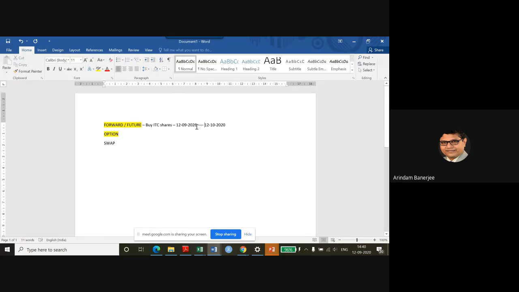But if there is a time lag, a gap between entering into a contract and the date of execution of the contract, these types of contracts are usually forwards or futures. The mechanism of forward and future is very similar, with a little bit of difference, but there is a lot of similarity between forward contracts and futures contracts.